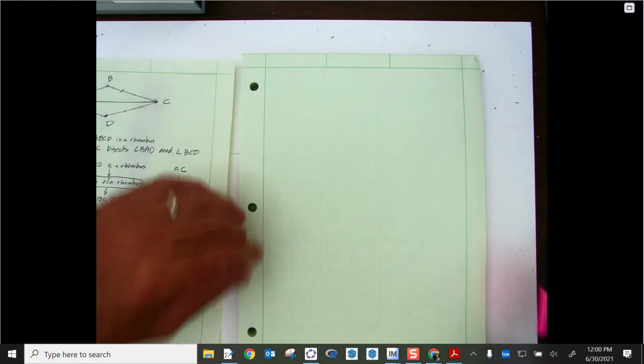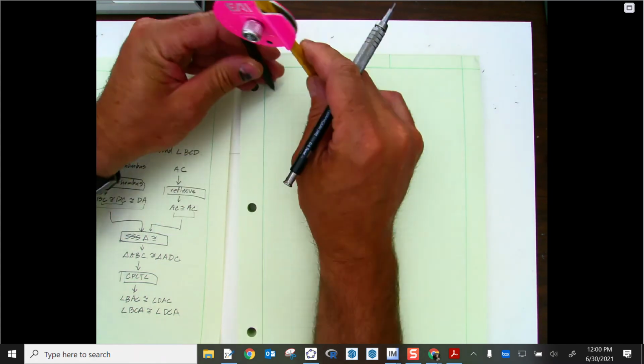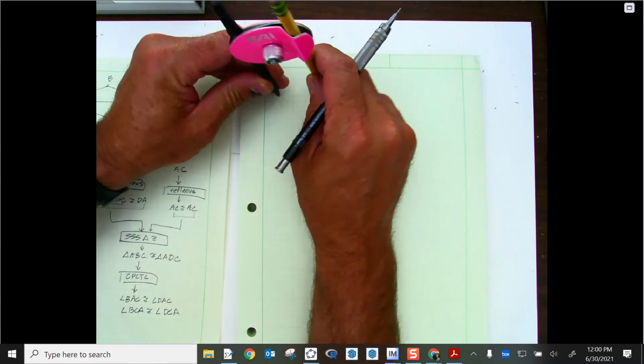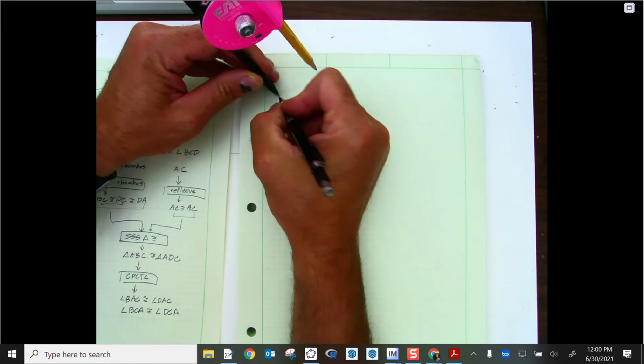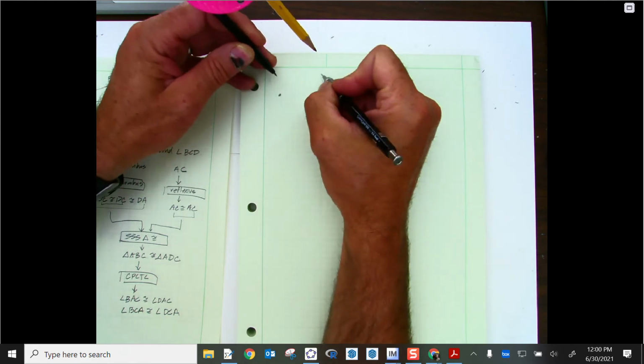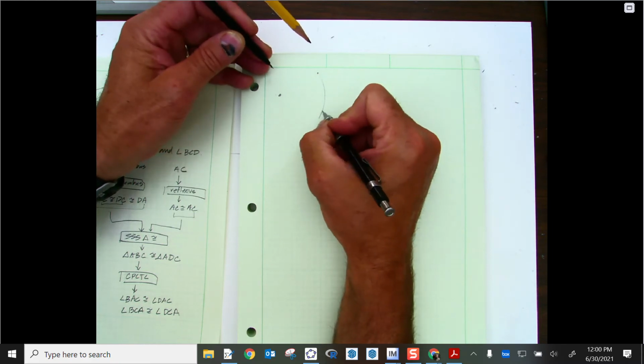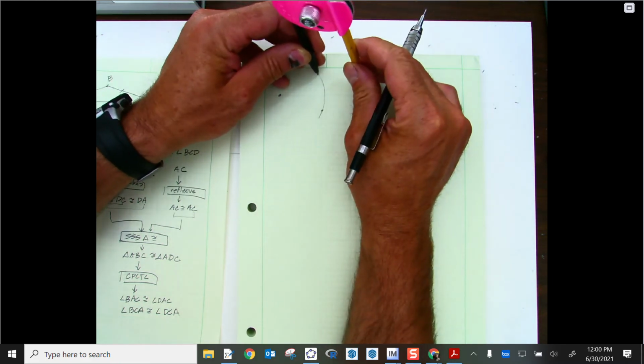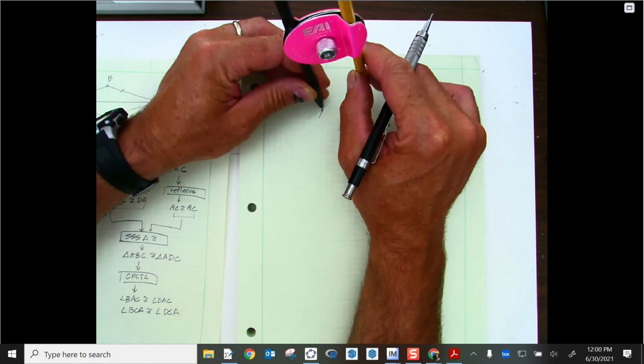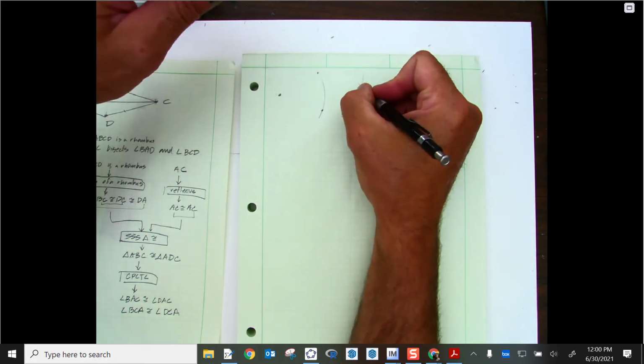So we'll start over here again with our picture. Maybe draw a slightly different one this time just for fun. Pick those two points there and there, and another point right there.